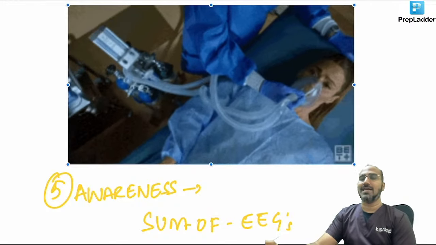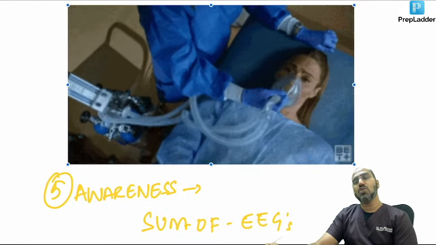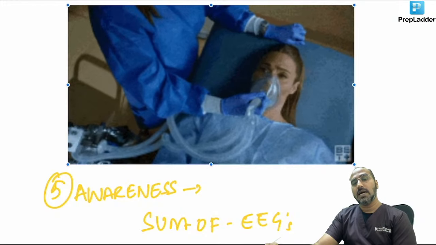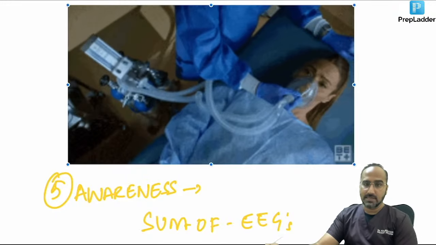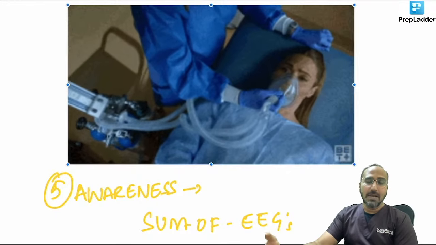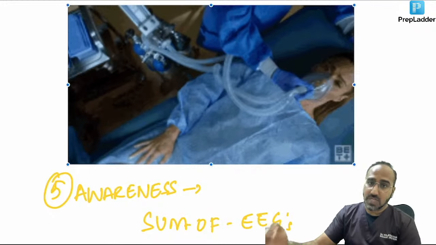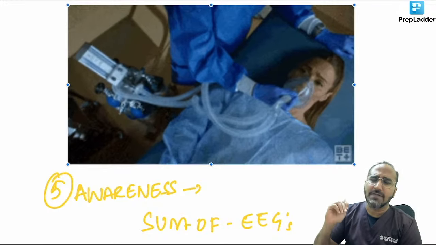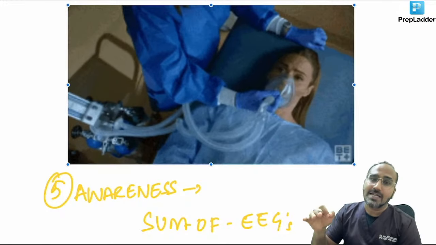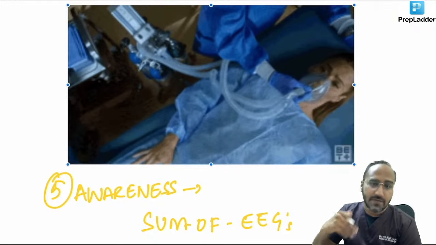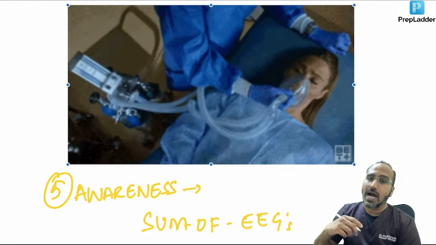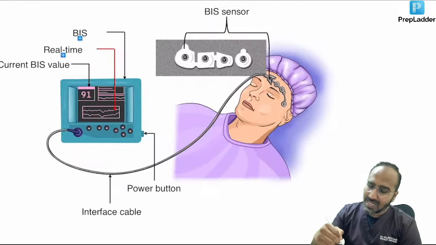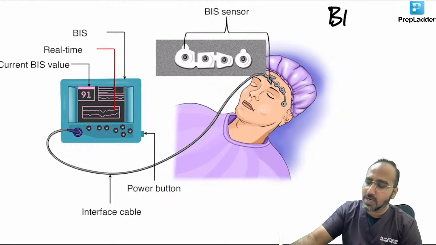Sometimes the patient will tell you, doctor, during surgery, I was able to hear all the things. That is, the patient is basically remembering all the things, right? If the patient is having awareness, to monitor whether the patient was aware or not during surgery, you have to go for a monitoring called BIS monitoring. Come on, guys, what is BIS?